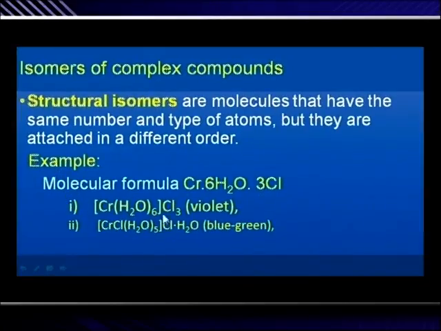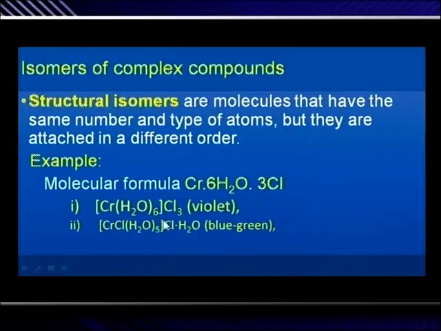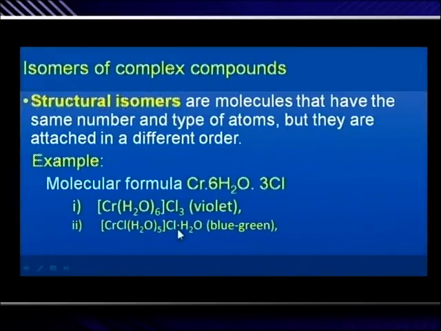Friends, here is a very good example. These two compounds have the same molecular formula. We can observe chromium is 1 and the water molecules are 6. Here also 6 and here also 6. 5 are inside and 1 is outside, and 3 chlorine atoms. These two compounds have the same molecular formula but the arrangement of the atoms is different.